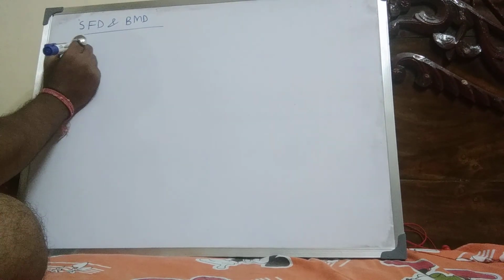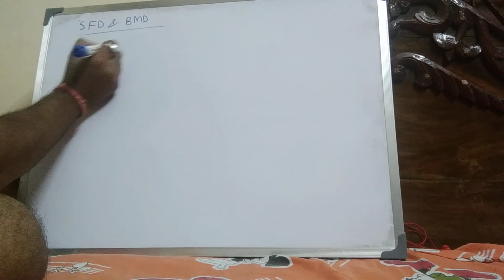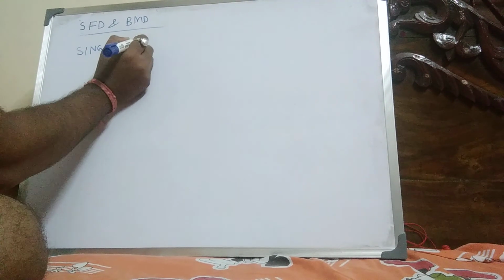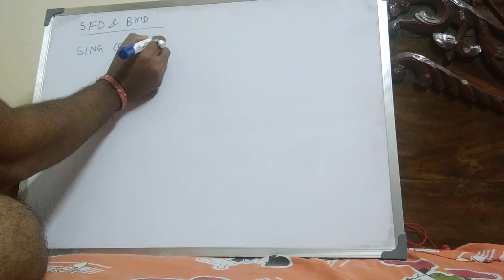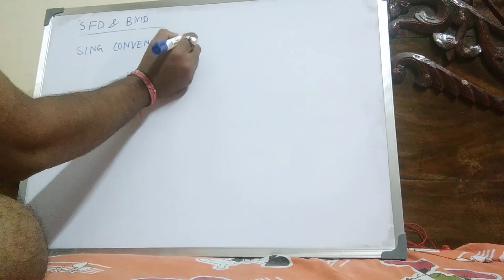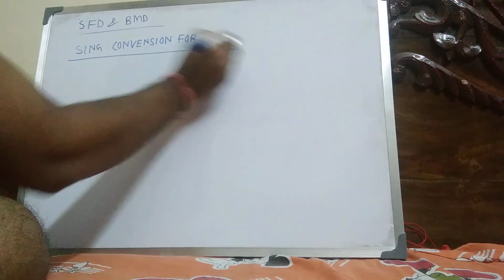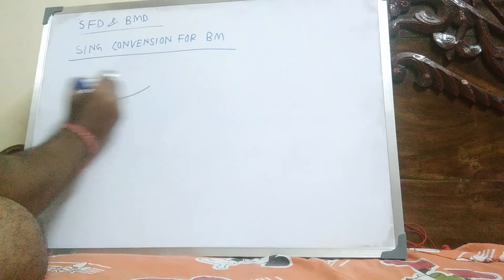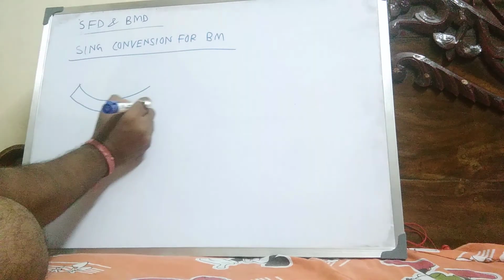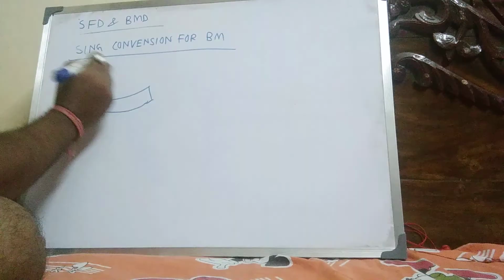The sign convention for bending moment. This is sagging. Initially the beam was straight.